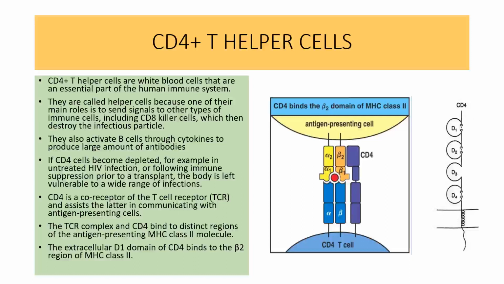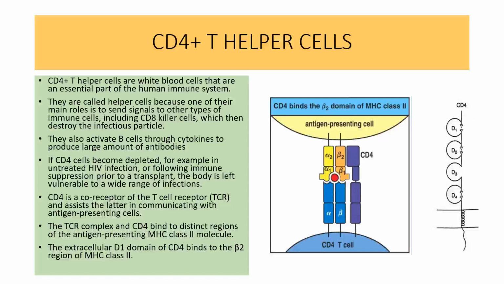They also activate B cells through cytokines to produce large amounts of antibodies. If CD4 cells become depleted, for example in untreated HIV infection or following immune suppression prior to transplant, the body is left vulnerable to a wide range of infections.